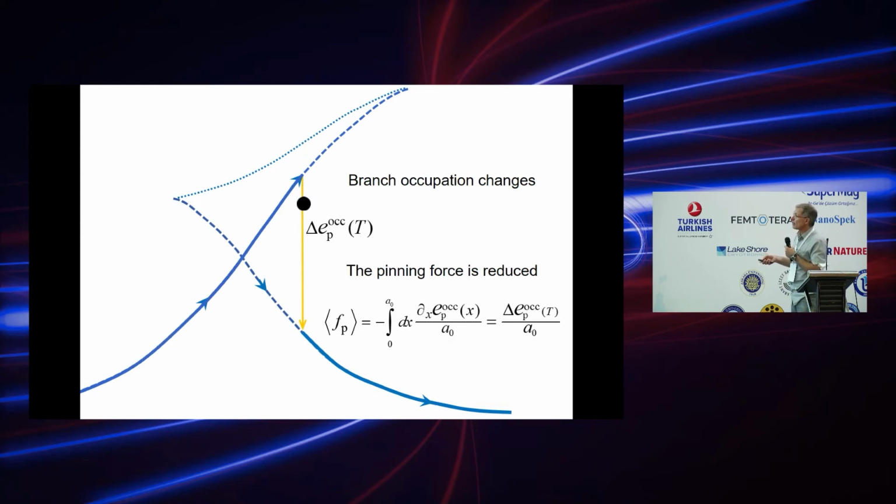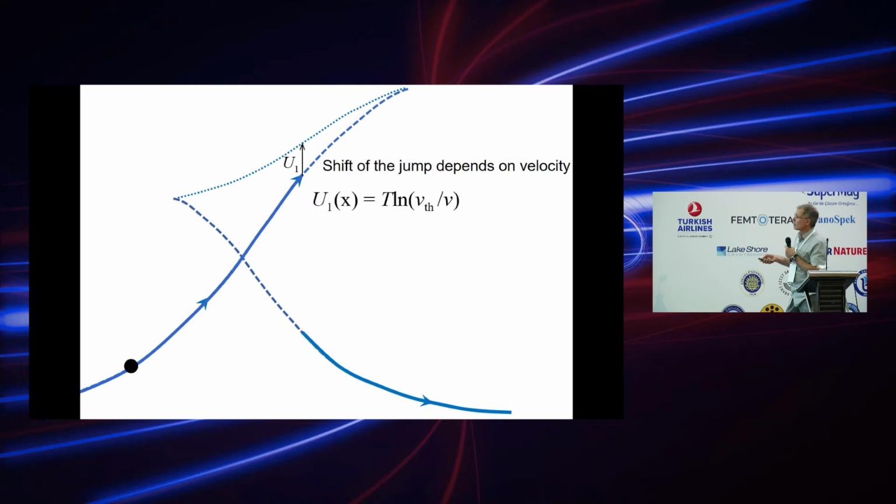So that's where the branch change happens. We can find the position of the jump simply by equating the barrier to T log velocity. And from here we know where the jump happens. If velocity is slow, then it happens early; if velocity is large, then it happens close to the end point.